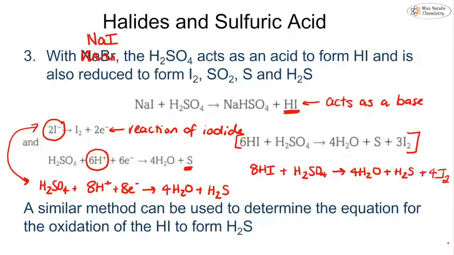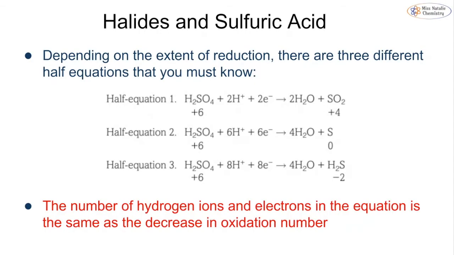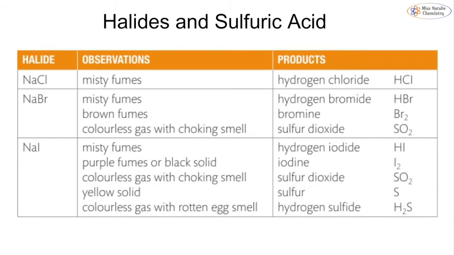And that would be the ionic equation to show the further reaction to form the hydrogen sulfide. So you should be able to write out using these three half equations. You should be able to write them out to show how each of the halides act as a reducing agent and be able to summarize the products in this table to show their formation.